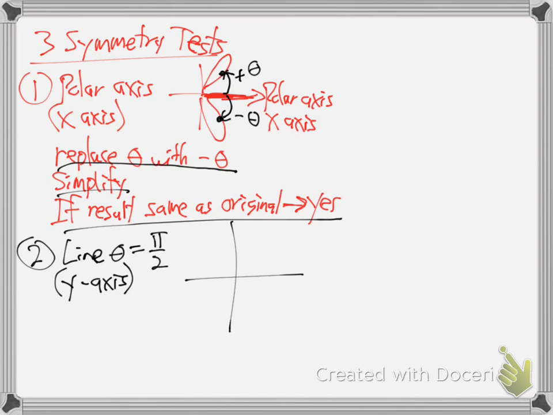Let me let that sink in for a minute. Did you understand that? A graph is the same above and below the x-axis, the polar axis, if whenever you go up some angle, any angle, 30 degrees, whatever, and you go down 30 degrees, you get the exact same picture. That's what it means to be the same above and below the polar axis, the x-axis. Positive angle, negative angle, same thing.